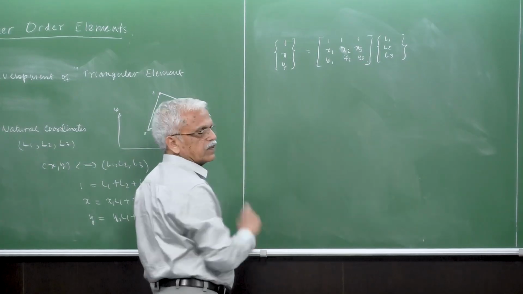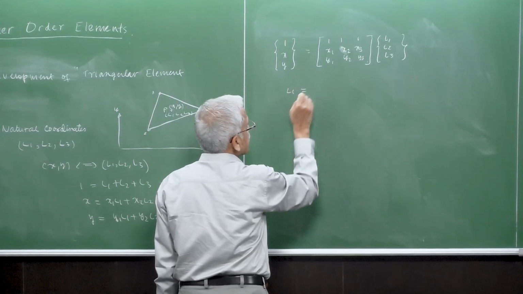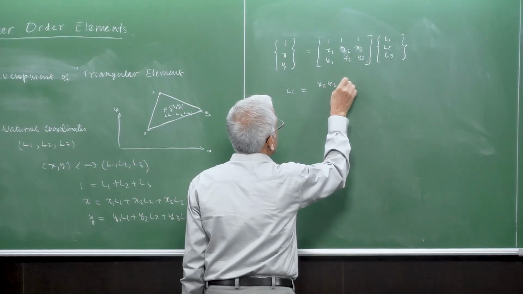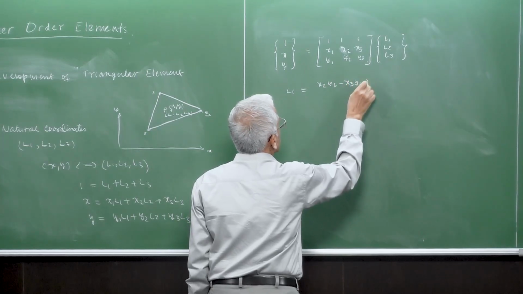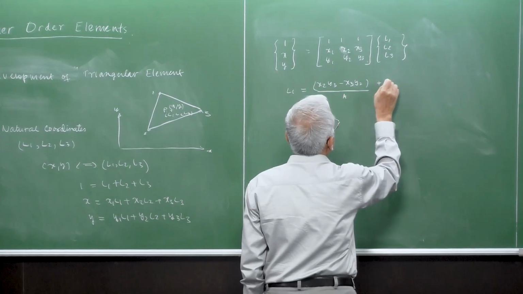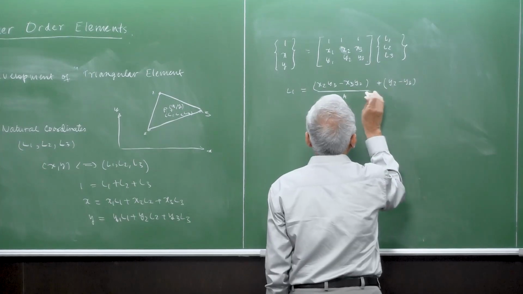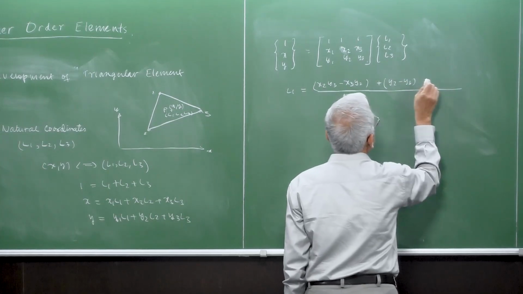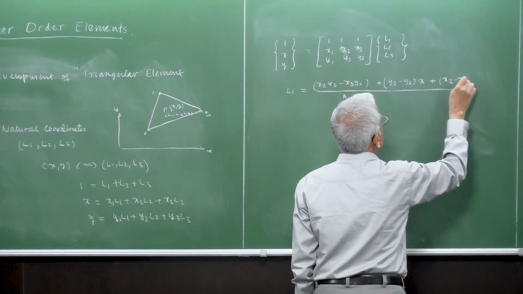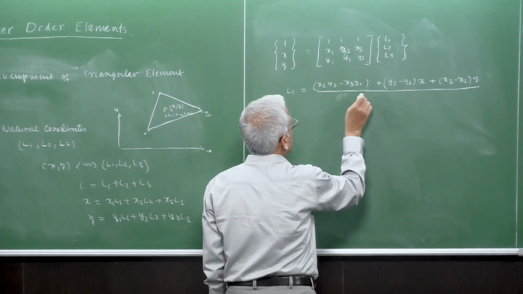Okay, so we can do the inversion and find out. In fact, L1 turns out to be this, where this is the determinant, twice the area.